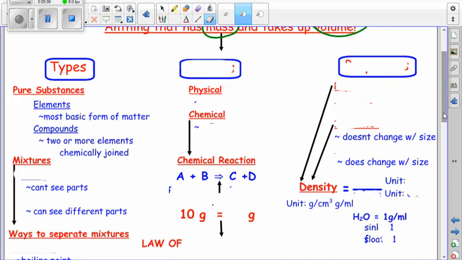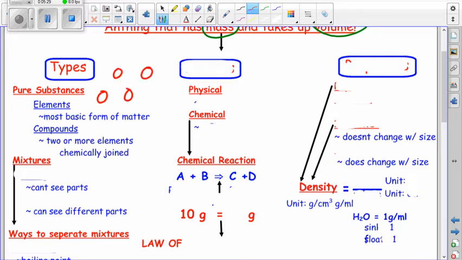So again, elements, that's anything found on the periodic table. Your zinc, your hydrogen, plutonium, whatever. So it's the most basic form of matter. And if you have at least two different elements stuck to each other, that makes a compound. So when we were drawing pictures of these, you might see a bunch of circles around like that.